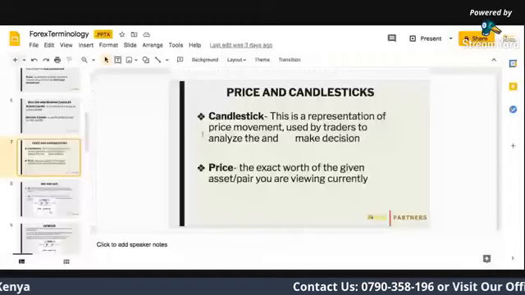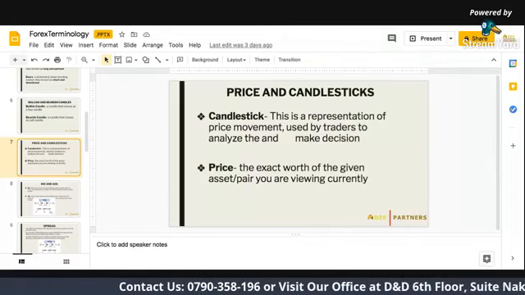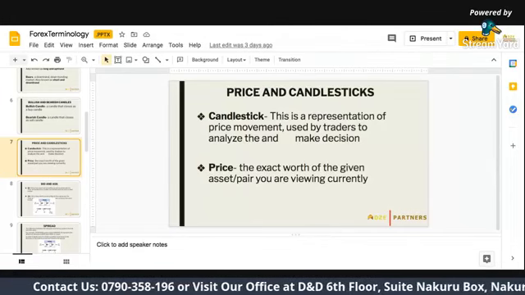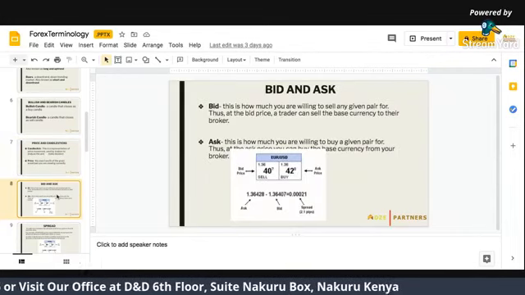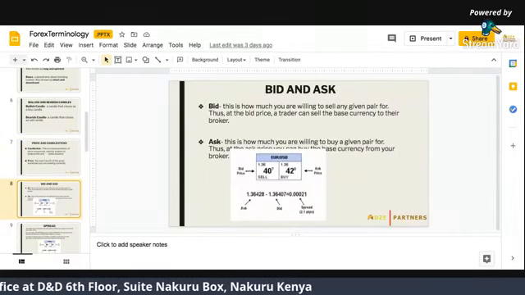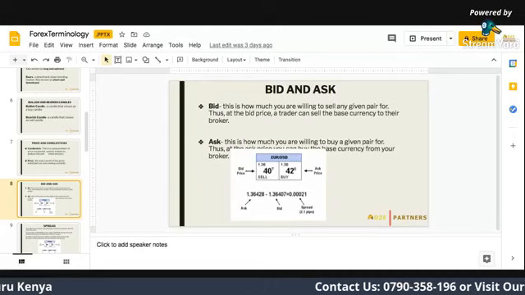The next terminology is bid and ask. The bid is how much you're willing to sell any given pair. For us, the bid price is what you're going to get if you're in a sell.